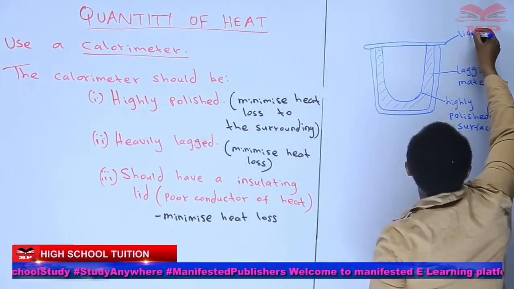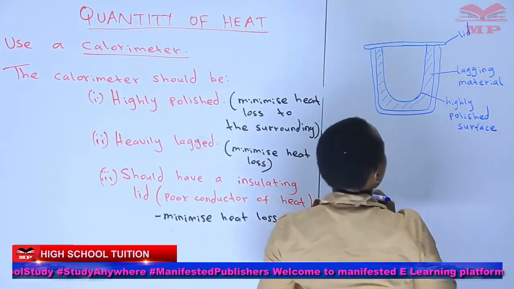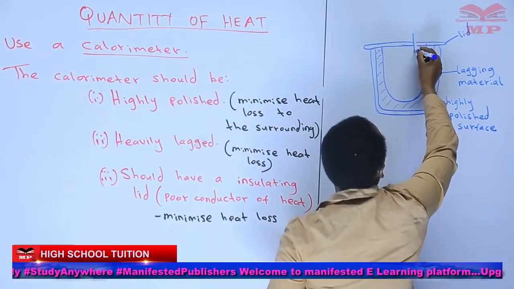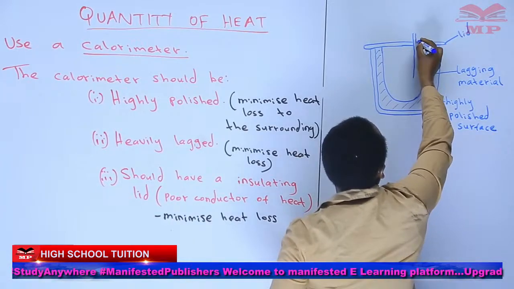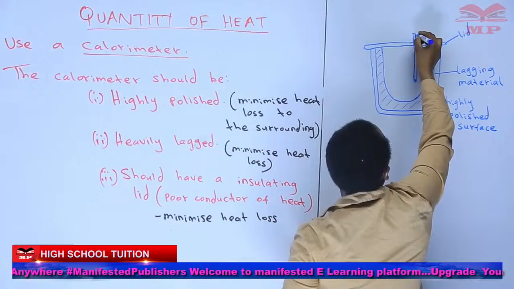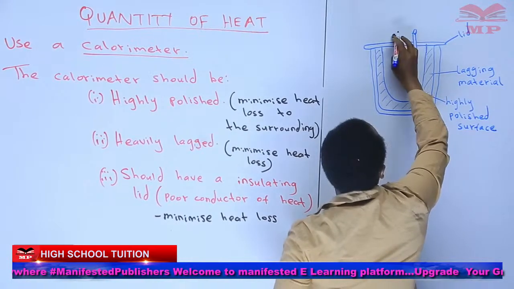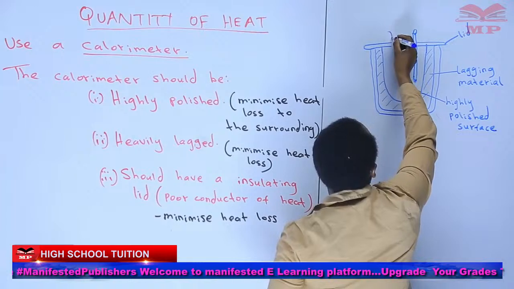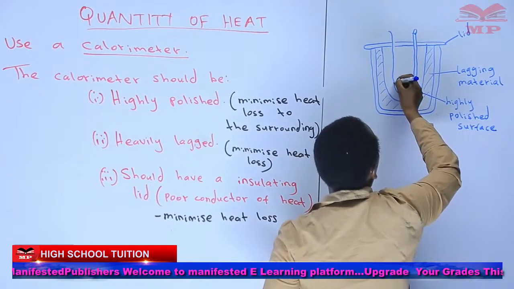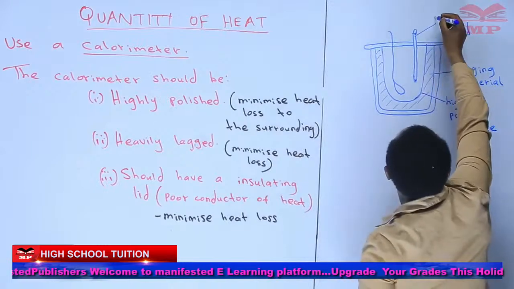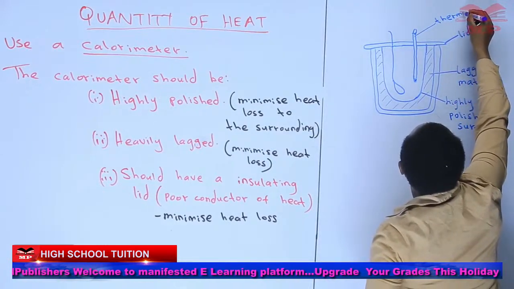This is the lid, and the lid has two openings, one for inserting the thermometer. This is our thermometer. And two, the lid has an opening also for what we refer to as a stirrer. It is used to stir the contents.